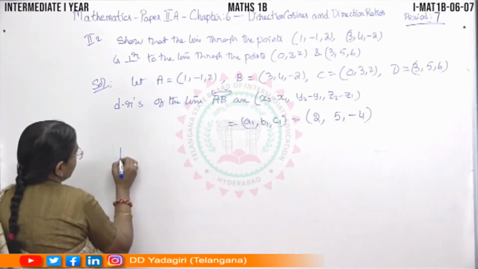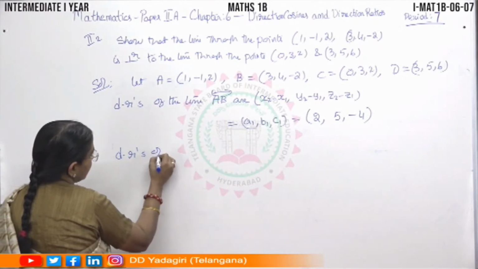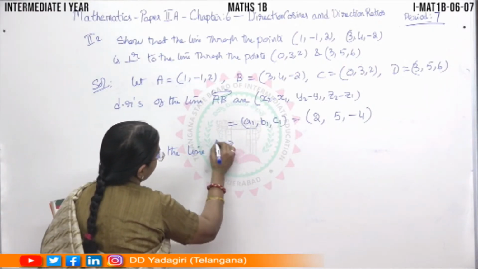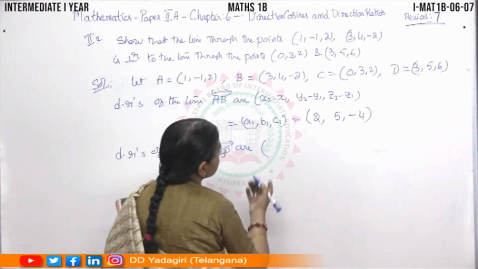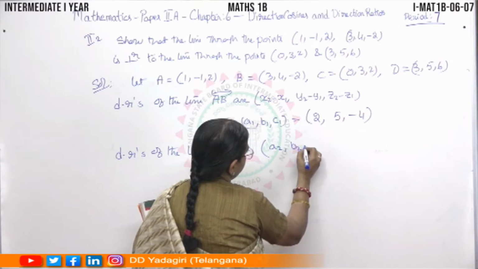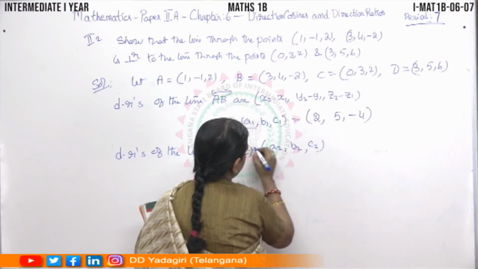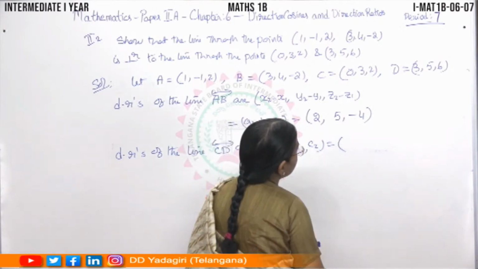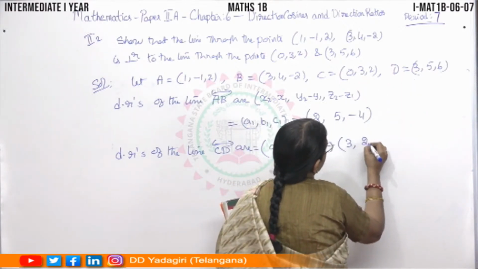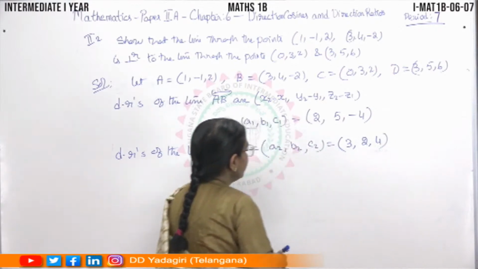Now we'll write the direction ratios of the line CD. So again same formula. So we'll take them as A2, B2, C2. That is 3 minus 0, 3. 5 minus 3, 2. 6 minus 2, 4 like this.